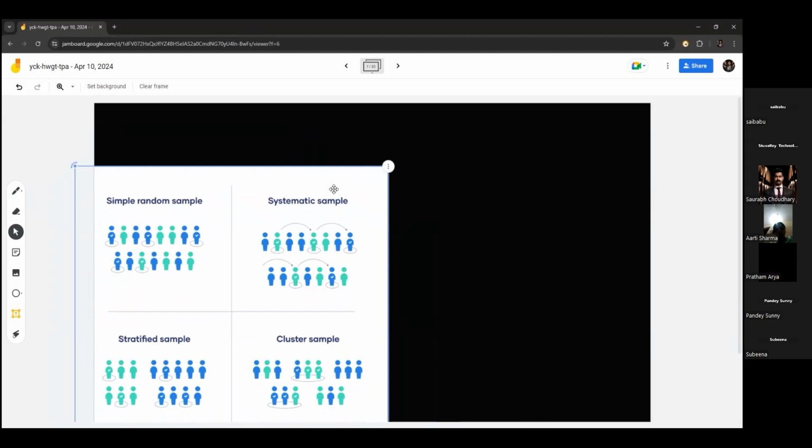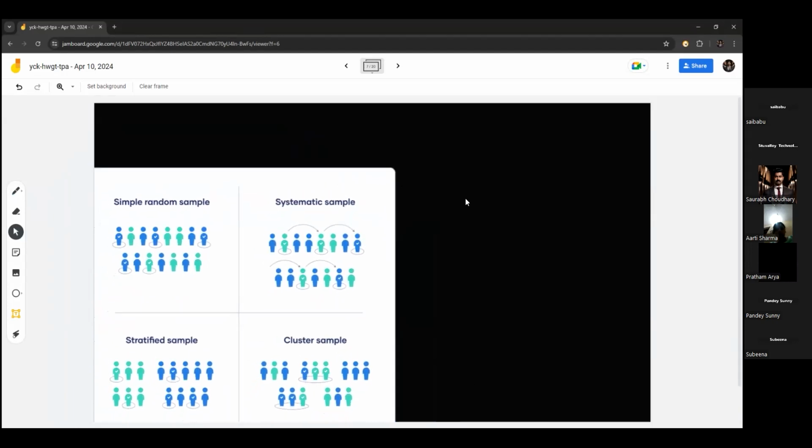You can see, here we have simple random, this is an example of simple random sampling. This is systematic, like you are skipping some, you are jumping some of the intervals. Stratified. What is the meaning of stratified sampling?